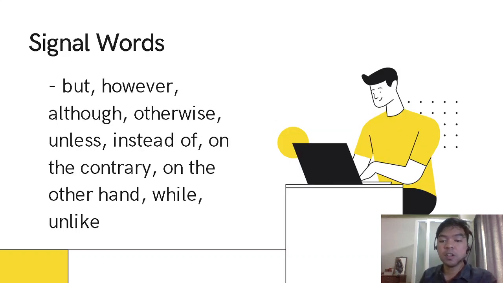So here are a few signal words that you can use as identifiers: but, however, although, otherwise, unless, instead of, on the contrary, on the other hand, while, and unlike. So when you see these words, a majority of the time the author is using antonyms as their context clues.